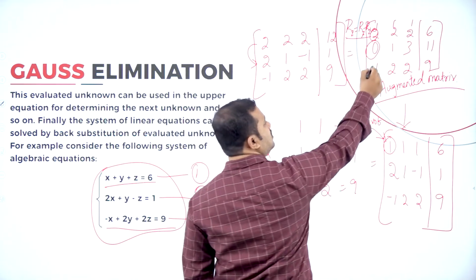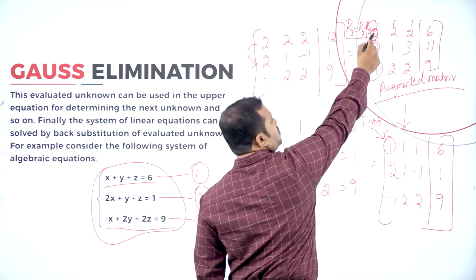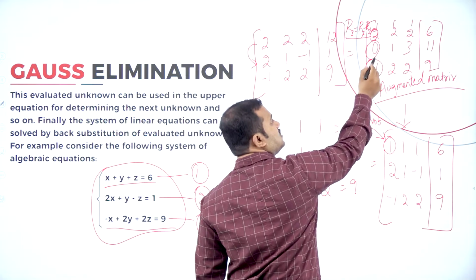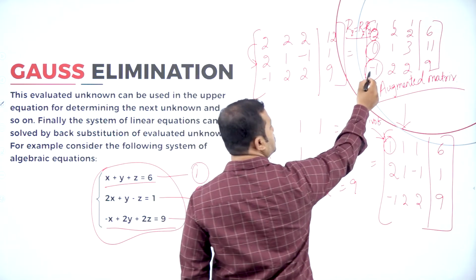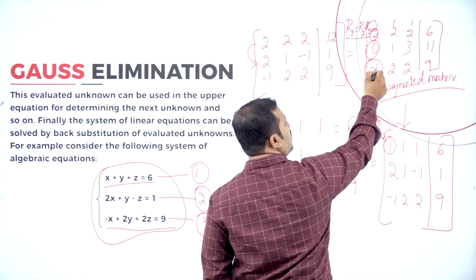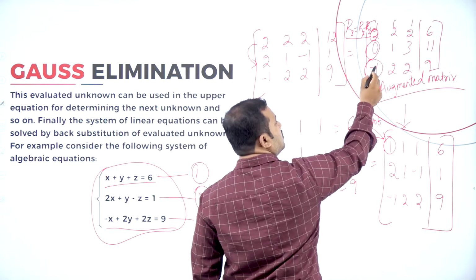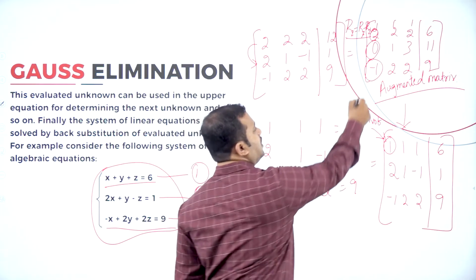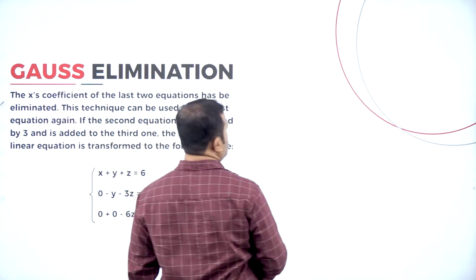Now I want to make this 0. How can I make this 0? I have a non-zero item here. If I multiply row 3 by some value, what is that value? 2. What happens? 2 into minus 1 turns out to be minus 2. Then if I add the first row with the last row, what happens? This element becomes 0. Let me do the operations.